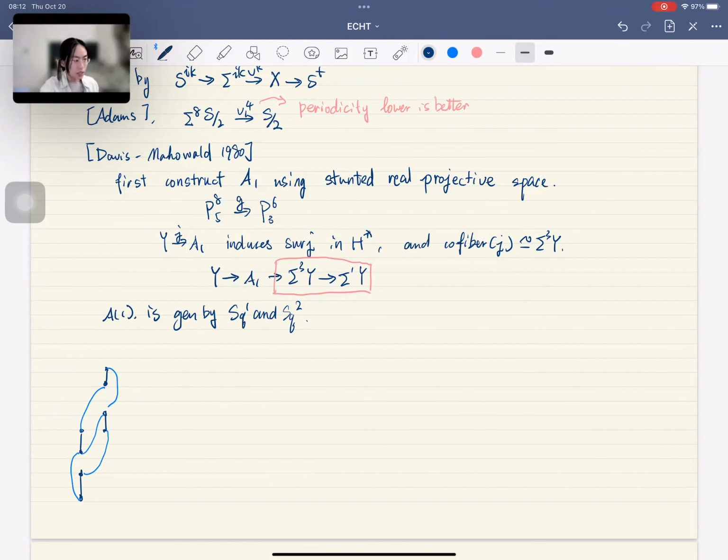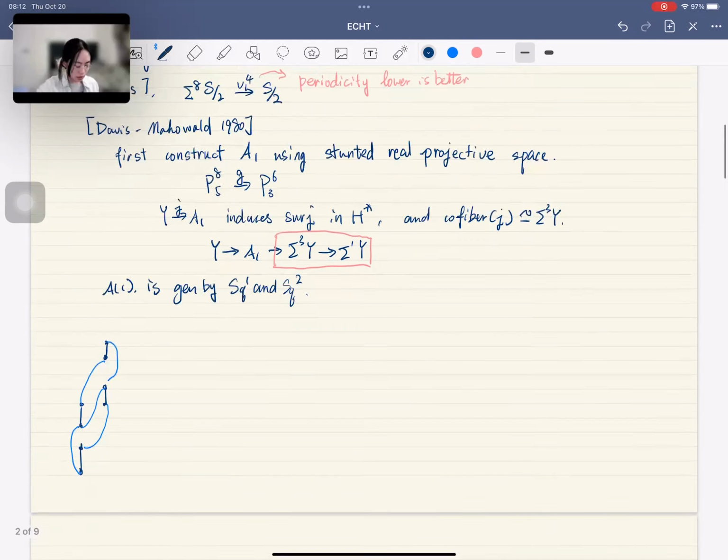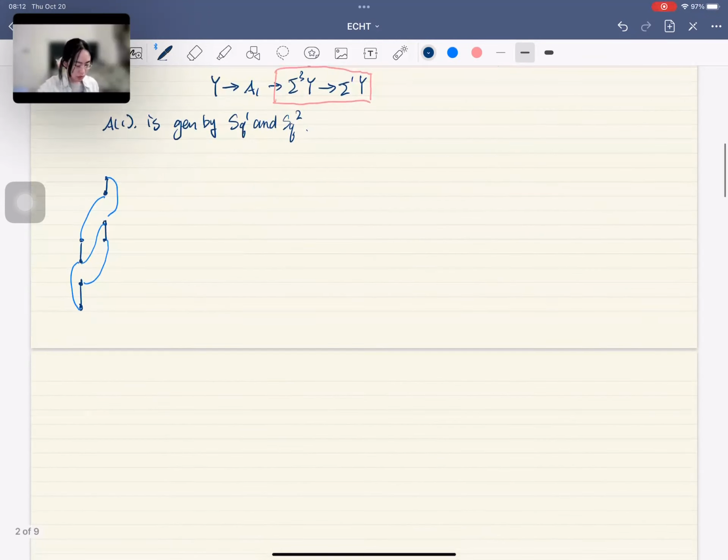So Davis and Mahowald have a theorem that I will write down here. They find out there are 8 V1 self-maps whose cofiber is A1.